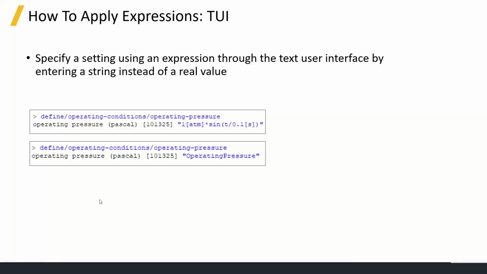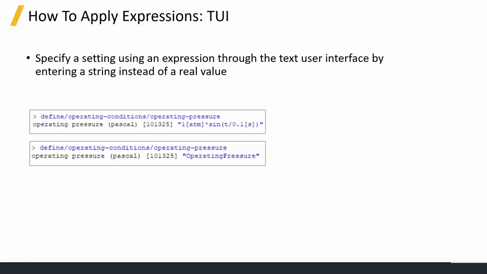For those of you who write TUI scripts, how do we do that? We can actually use an expression in there, either, for example, by putting the full thing in, or just the name and doing it in quotes. So we can create these at the beginning of a script.